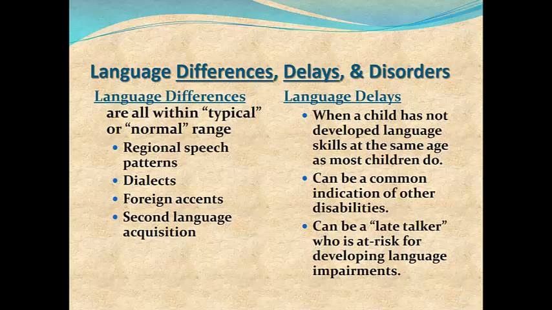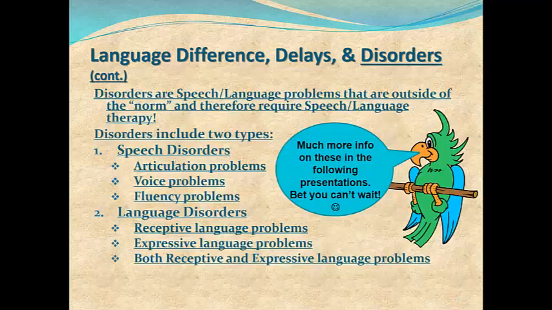Language delays, when a child has not developed language skills at the same age as most children do, can be a common indicator of other disabilities, can be a late talker who is at risk for developing language impairments.